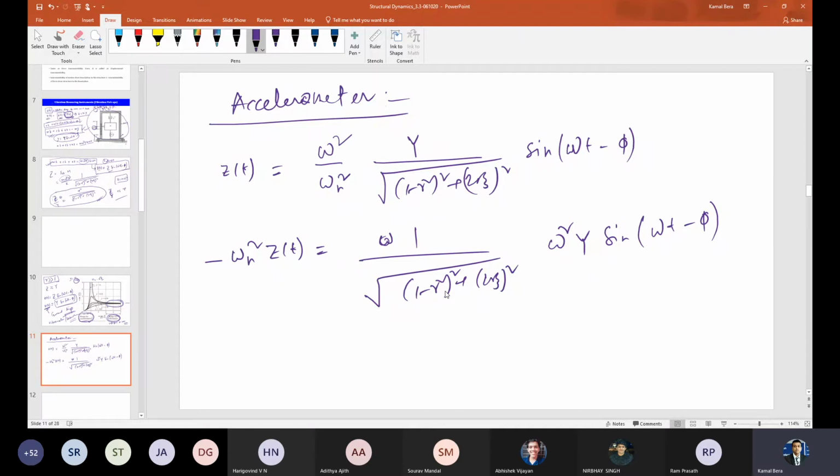What is the mistake in this equation? What mistake did I make? Come on, quick. Minus sign. Minus.